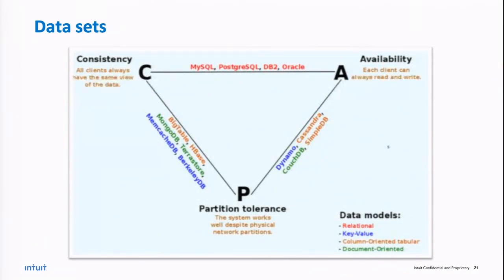I have some card like ICICI, but that is again Visa, right? So I swipe for ICICI in some machine, and it also talks to Visa, and it comes back, and it also goes to my account and checks. Let's say my bank account is with somebody else, right? So a lot of communication happens. So in this case, consistency and availability is very important. Probably a NoSQL database is not a good choice for this.